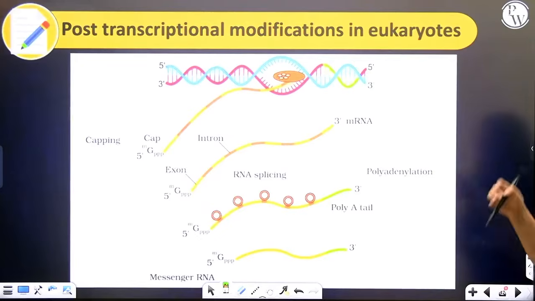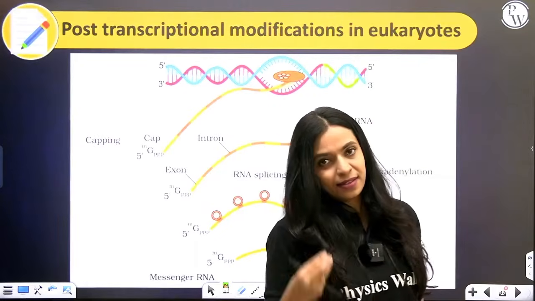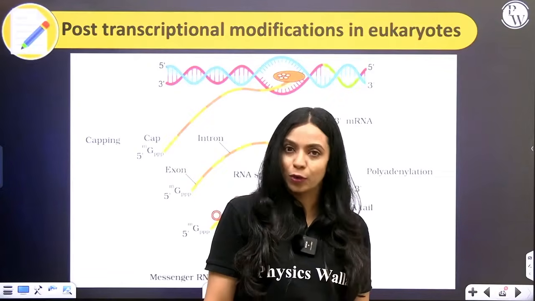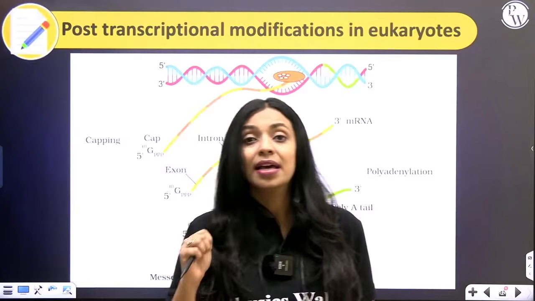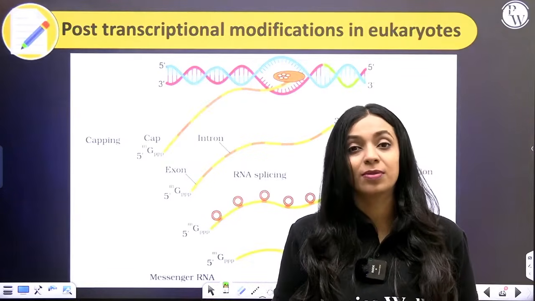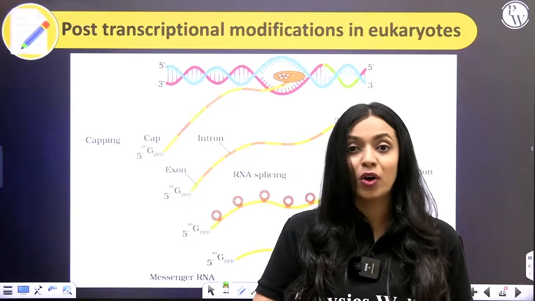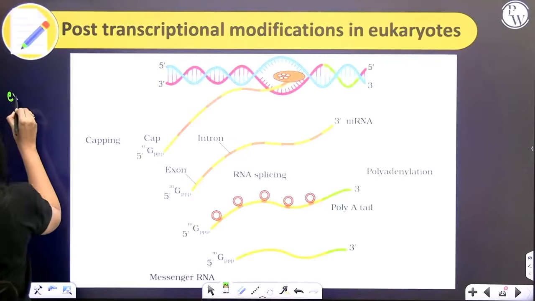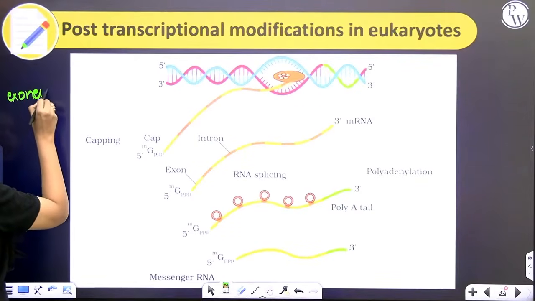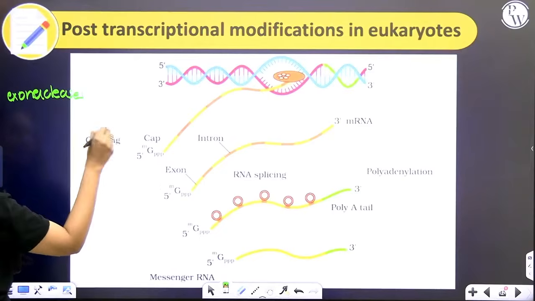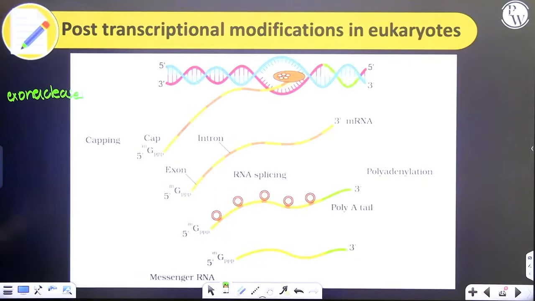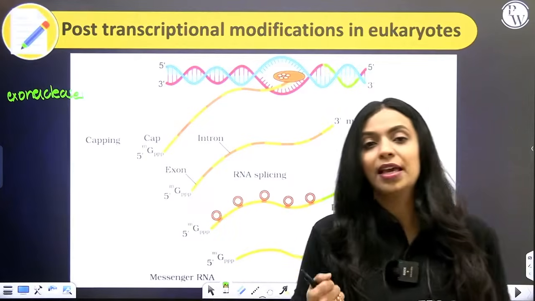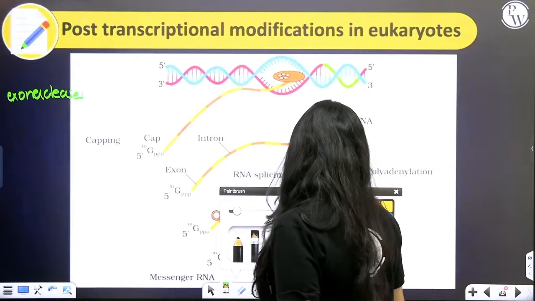If the newly transcribed single-stranded RNA goes from the nucleus out to the cytoplasm through the nuclear pore, there will be enzymes in the cytoplasm that are capable of breaking it down. These enzymes are called exonucleases, and they are capable of breaking this RNA only from the ends, either the 5' end or the 3' end. So before this goes out of the nucleus, you have to protect its ends. For that, two processes will take place.